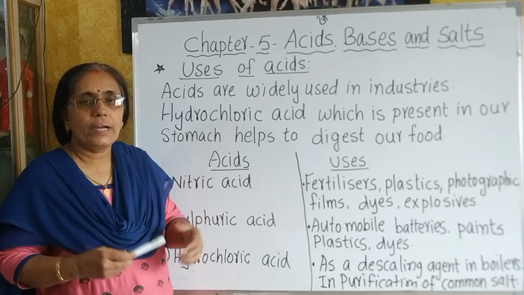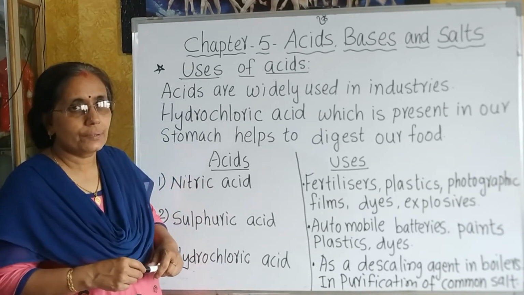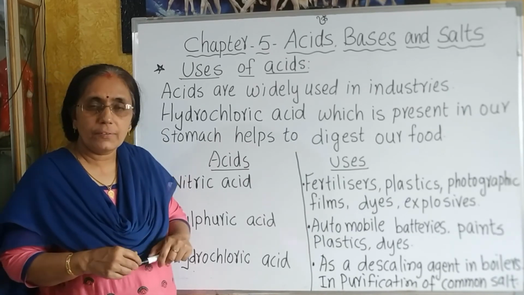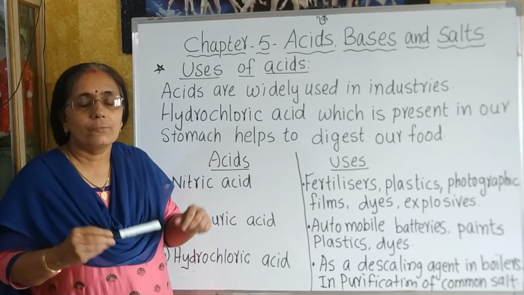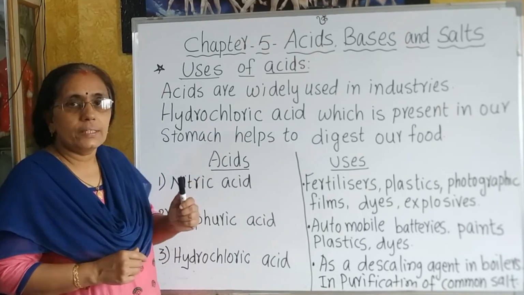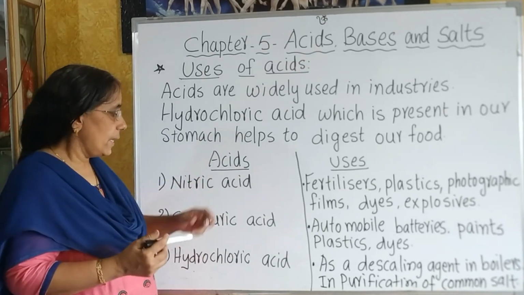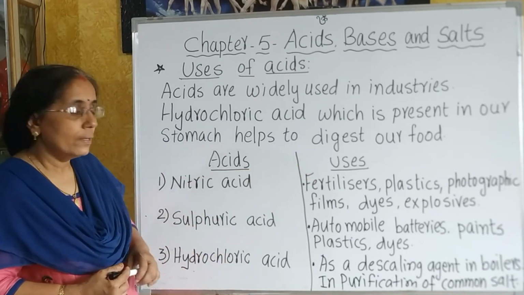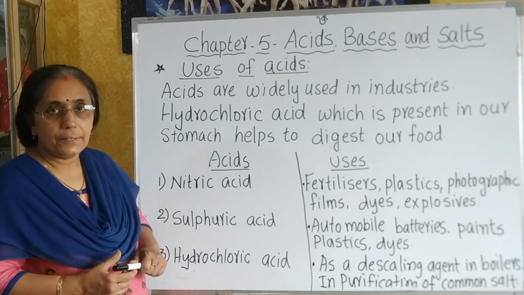Acids are very widely used in the industries. The hydrochloric acid, which is present in our stomach, is very useful for the digestion of food. Now let us see certain acids and their uses, which is tabulated here. First one, nitric acid.